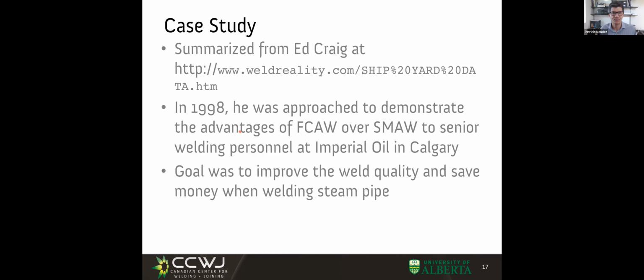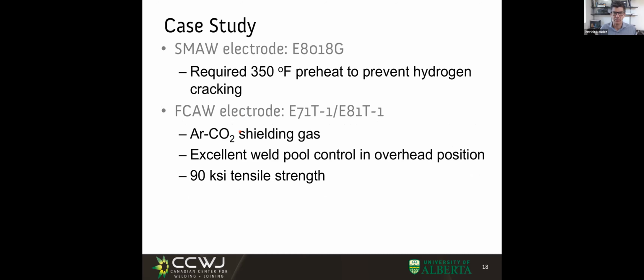But they were comparing this electrode, 8018G, and what is this? So this is like 7018, but even stronger, right? So low hydrogen, all position electrode, with some amount of proprietary pixie dust.